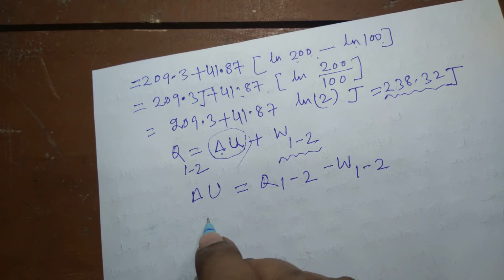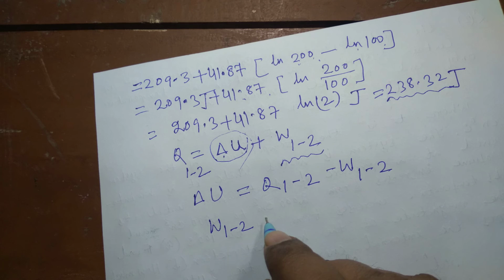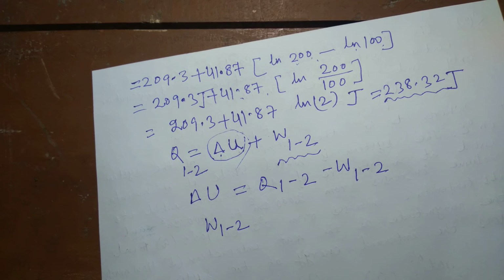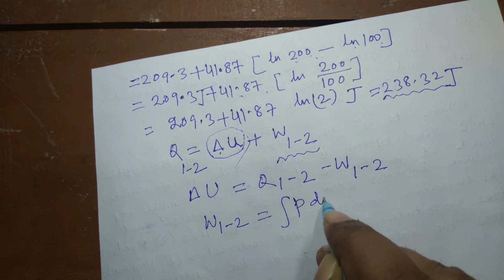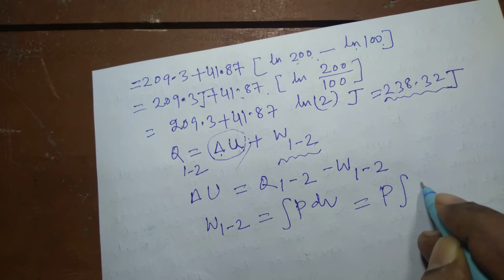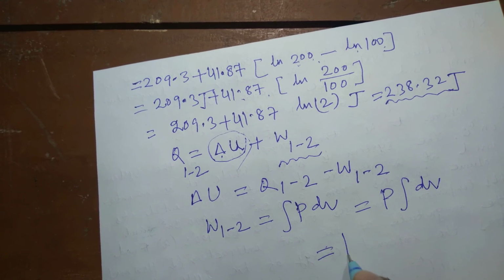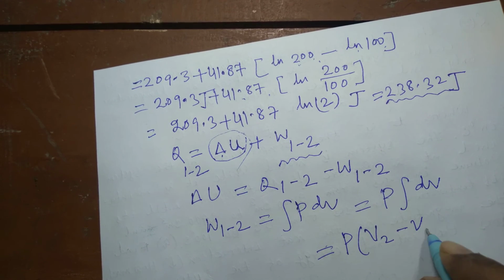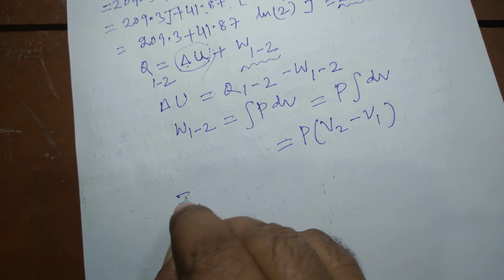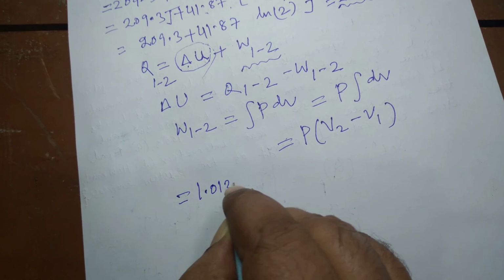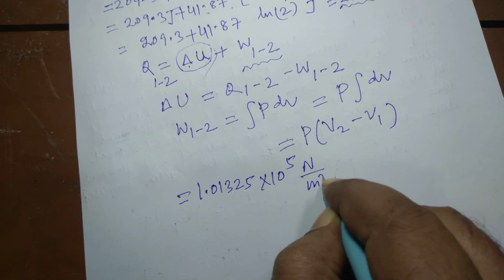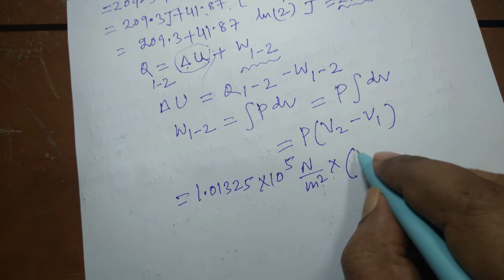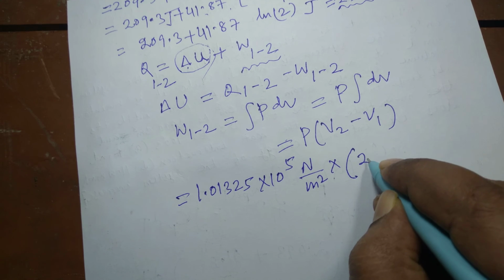You see, W12, during a constant pressure process, because the process takes place at constant pressure, is the integral of P dV, and pressure being constant, this can be written like this. So this will be P into V2 minus V1, and the pressure is constant at atmospheric pressure, which is 1.01325 into 10 to the power 5 Pascal, means Newton per meter square, into the change in volume from 2000 to 2400 centimeter cube.